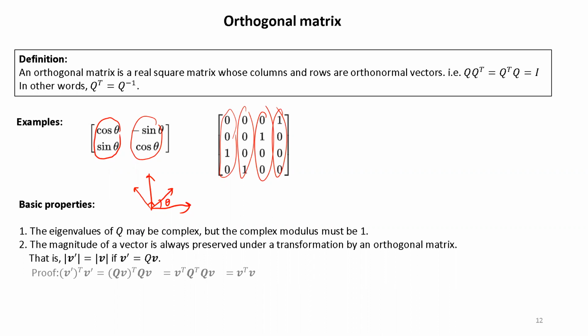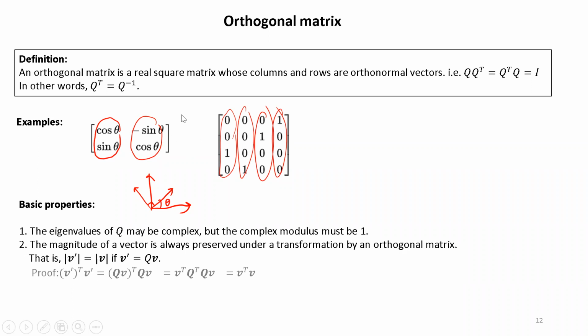Now this matrix Q, however we construct it, if we treat it as a transformation matrix, that is, we take this Q matrix and take the product with a column vector to transform that column vector, what will happen?